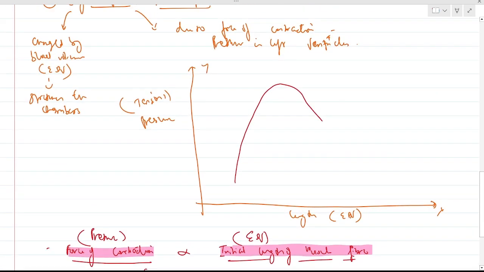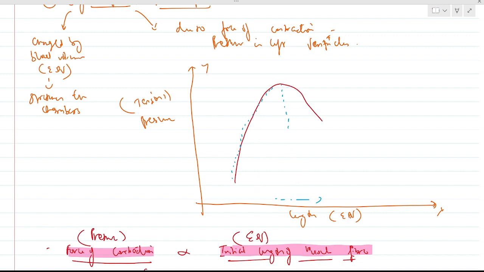As the length increases here, up here, contraction is proportionally increased up to a certain point. Now, this region is within physiological limits, after which, on increasing the length further, the tensional pressure decreases.